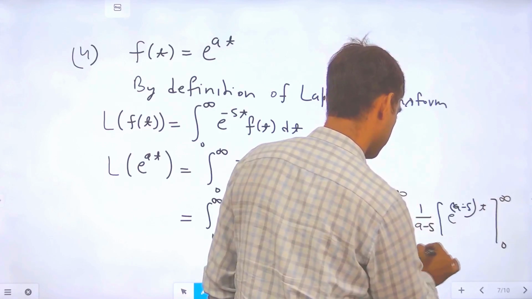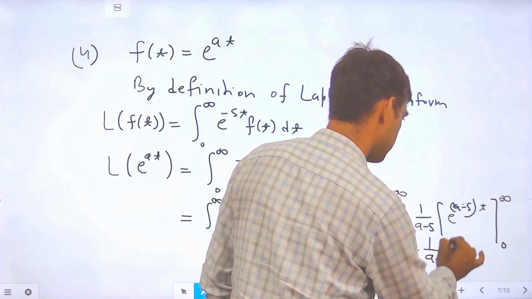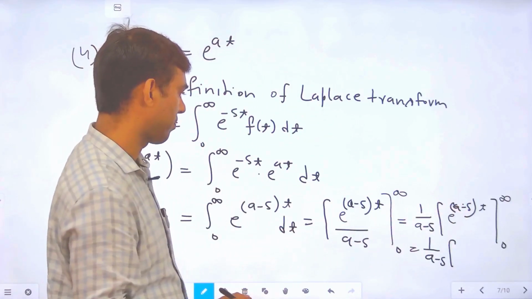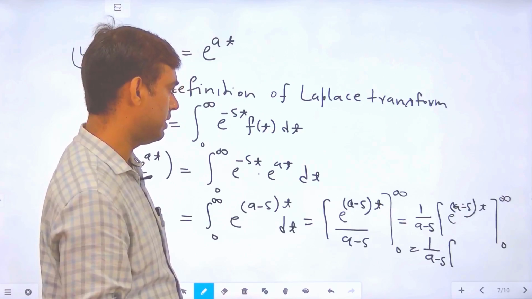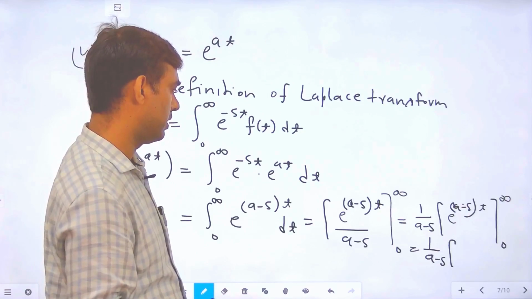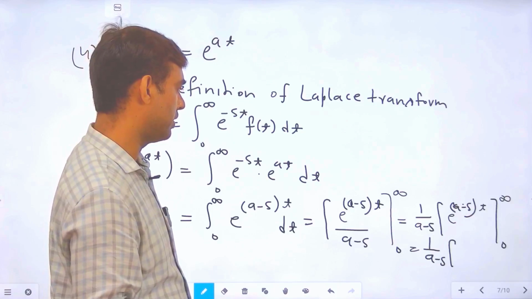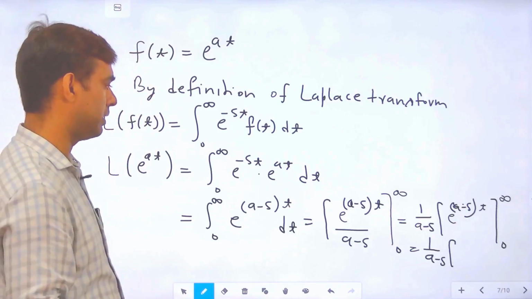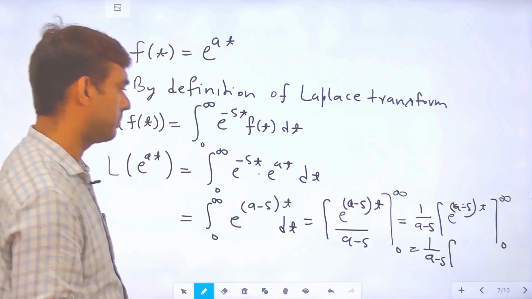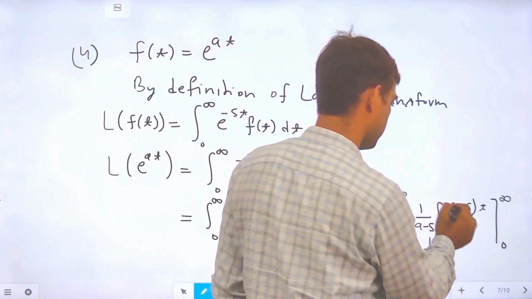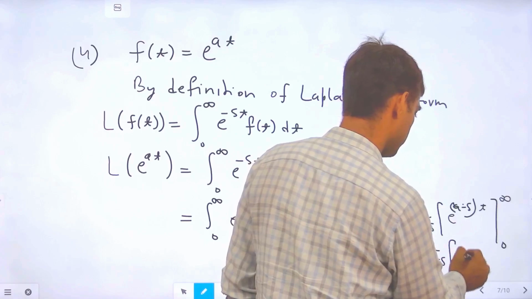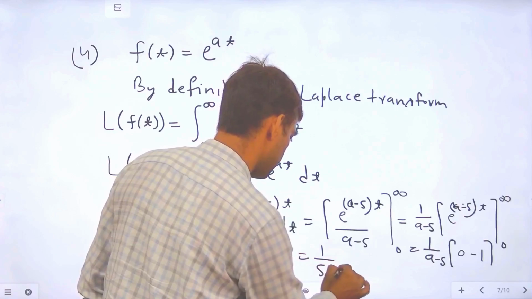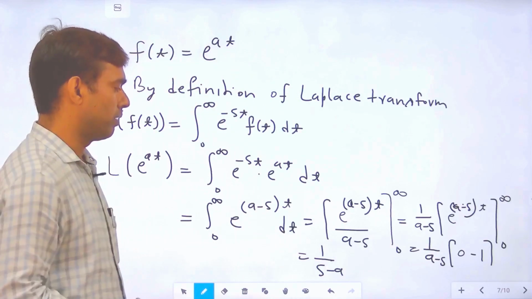If we put in the upper and lower limits, the upper limit gives e to the power minus infinity, which is 0, and the lower limit gives 1, so we get 0 minus 1. So the value becomes 1 upon s minus a.